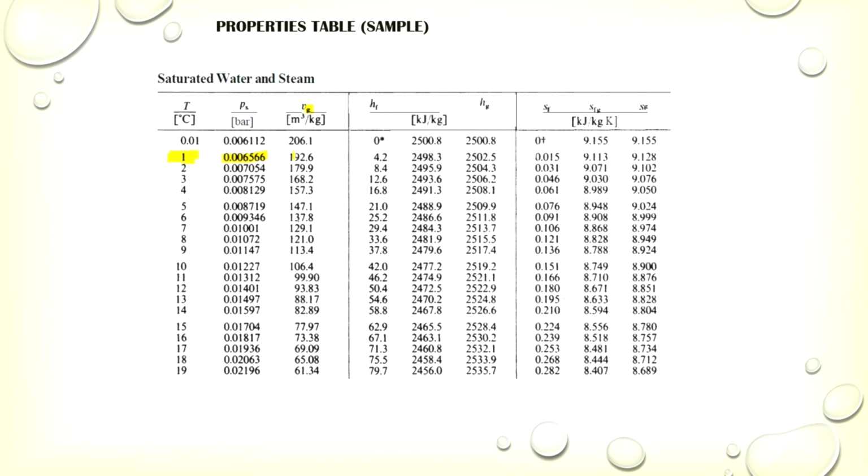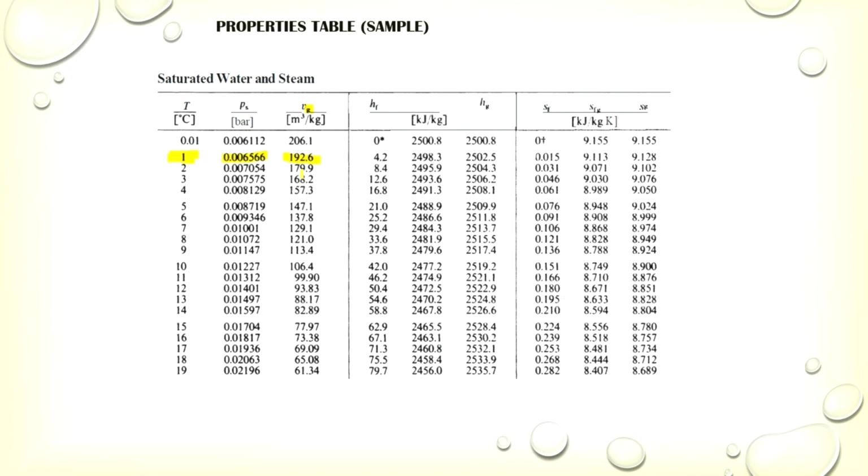Listen very carefully, because we have the subscript G here. The specific volume of the dry saturated vapor at this pressure and this temperature is equal to 192.6 meter cube per kg.